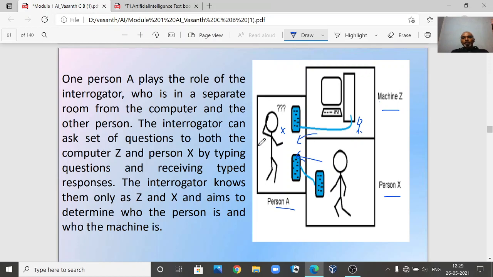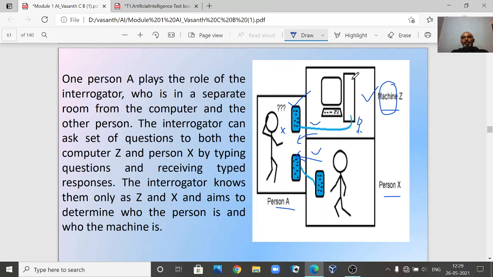Now if the examiner gets confused, in the sense that he declares he got correct answers from both the persons, then this has passed, because this is not a human being. He doesn't know that it is a machine. That means the machine has tried to cheat him. Actually it is a machine, but the examiner thinks it is another human being.